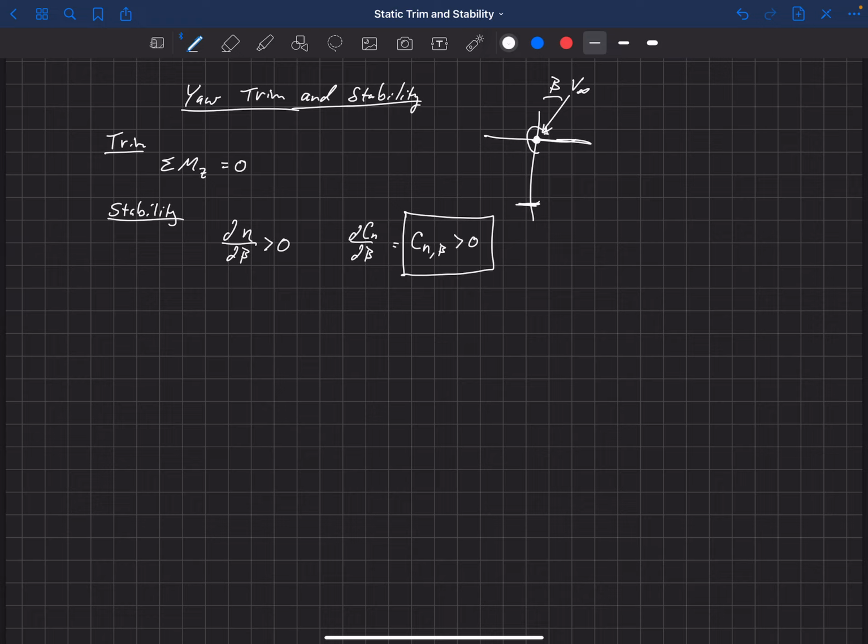And a good number for this is that Cn beta should be between about 0.06 and 0.15. These are numbers suggested by Phillips in his book. I can't say that I've seen them elsewhere, but I tend to trust what he has in his book.